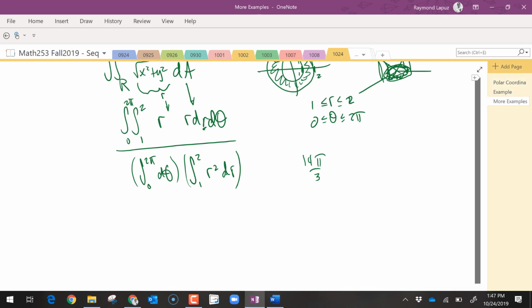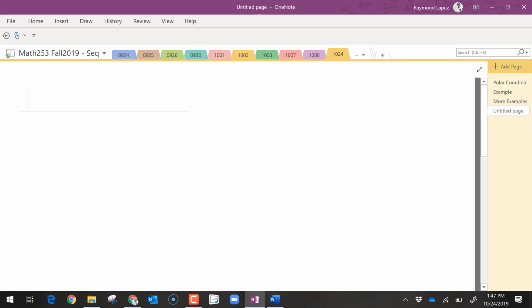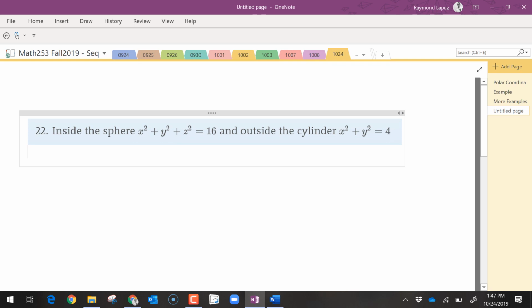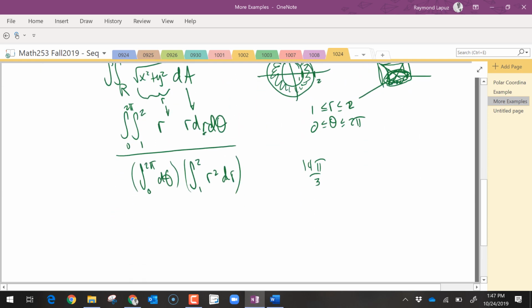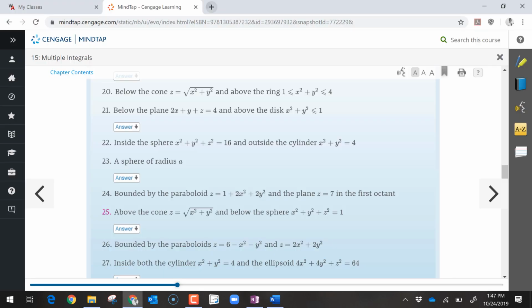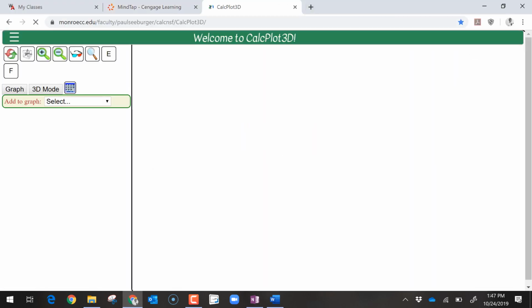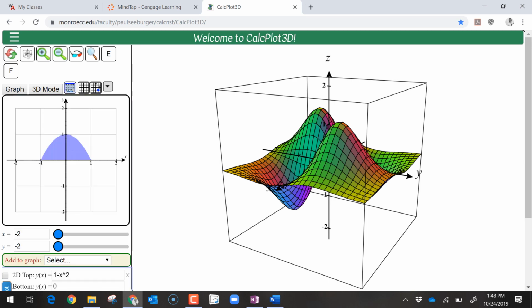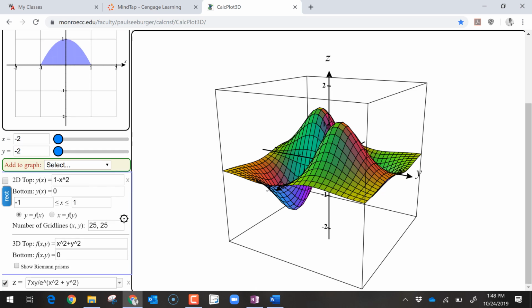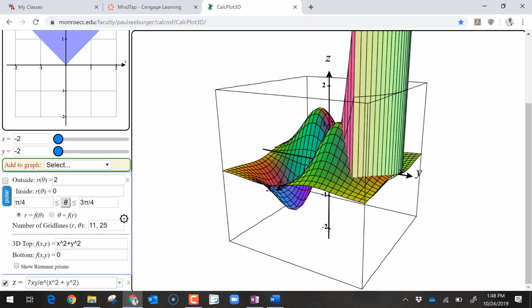Oh, I wanted to draw a picture of this. You guys want to see it? Yeah, okay. Well, let me get back to this problem. Oh, I have to check if this thing does polar coordinates. Ah, it doesn't. It does. Polar coordinates. Yay. 1 to 2. 0 to 2 pi.